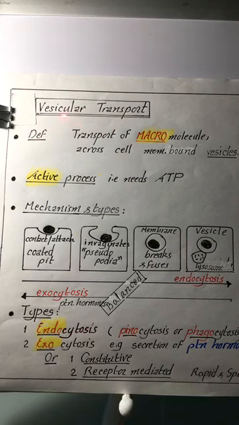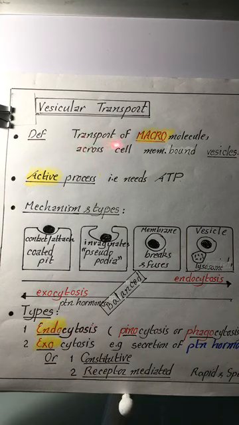By definition, it is the transport of macromolecules, very, very large molecules that cannot pass through the protein channels and are definitely lipid insoluble, across the cell membrane by membrane-bound vesicles. This is why it's called vesicular transport. That's transport within a vesicle.